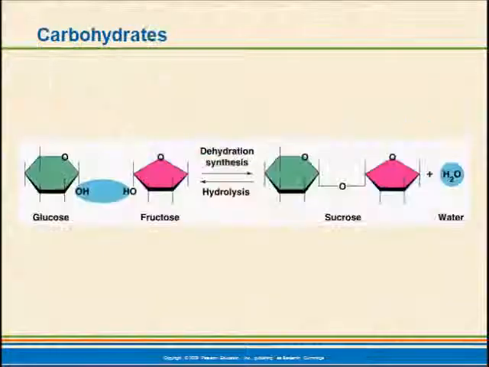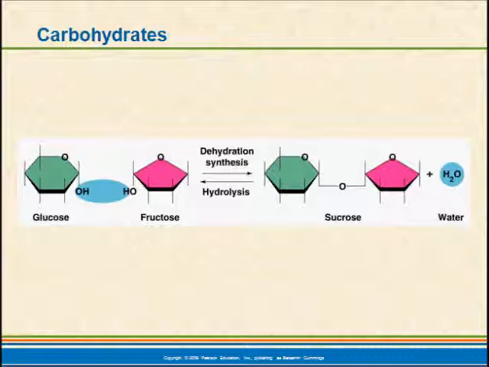Now, that is a real short and simple explanation of carbohydrates. There was a video that you saw previously that goes into that in a little more detail. I want you to understand what the monomers are. That is, you've got a monosaccharide, which two of them together make a disaccharide.